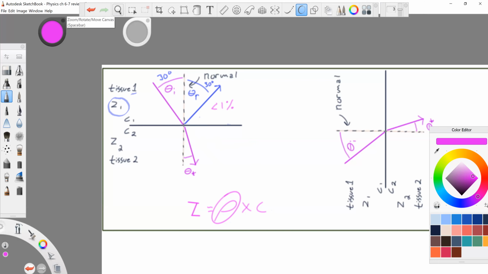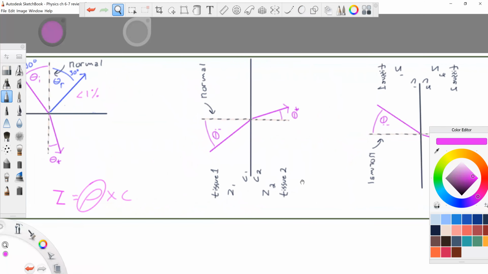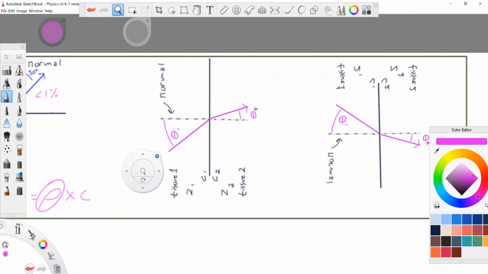But then I took this very same image, I copied it, and I turned it sideways. Now the normal is horizontal, and the tissues, tissue 1 and tissue 2, are side by side.